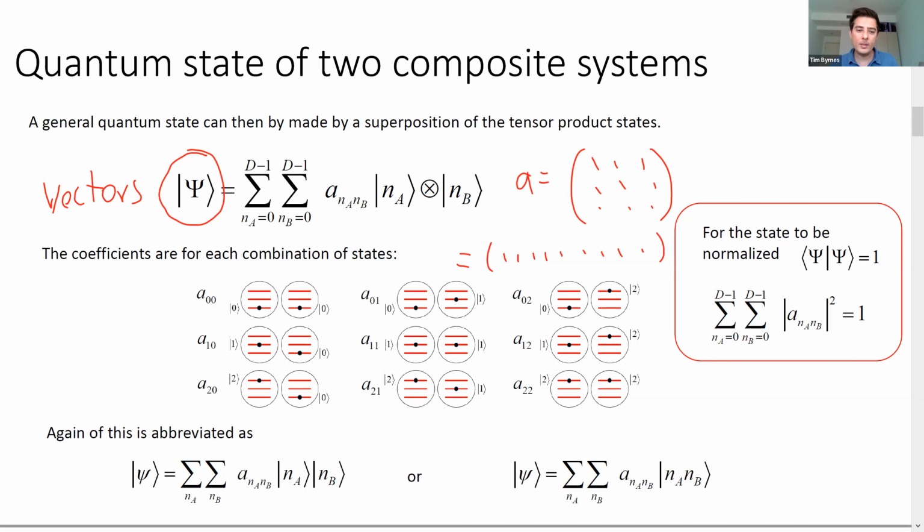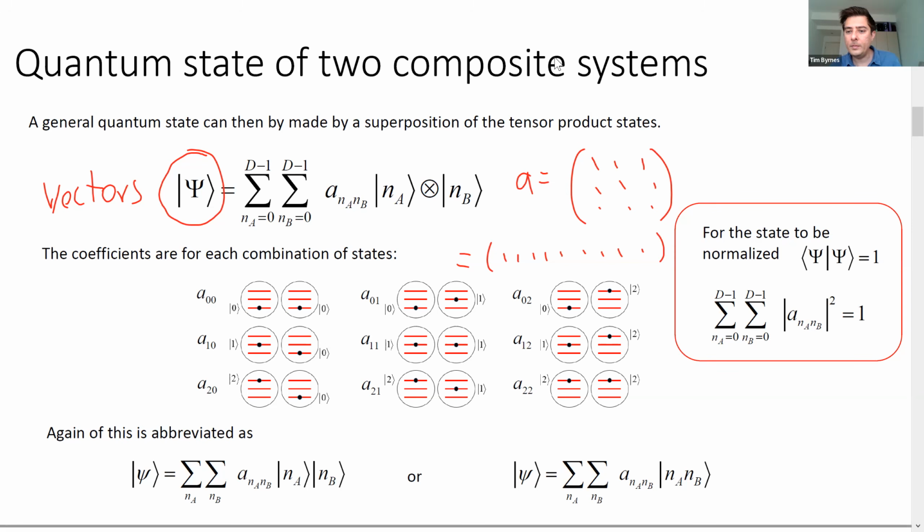It just so happens that it consists of 2 subsystems. That's its origin, but fundamentally it can still be written as a vector. So I would suggest that you still think of this psi as a vector, even though these coefficients look like a matrix.